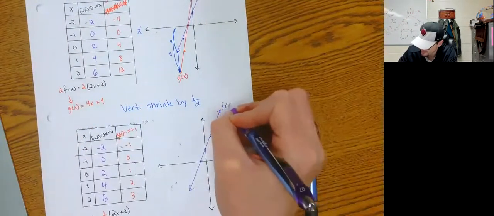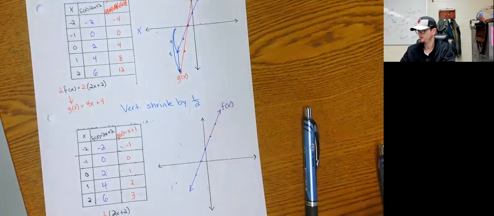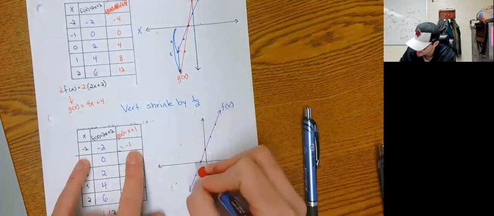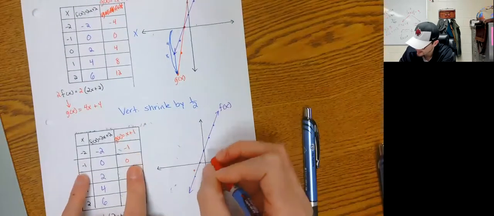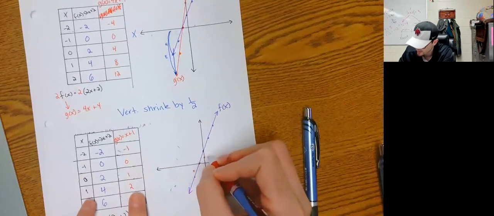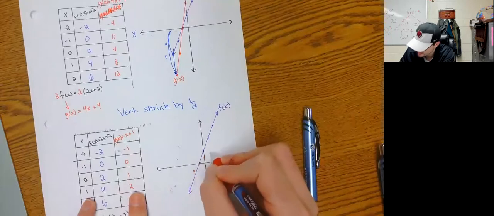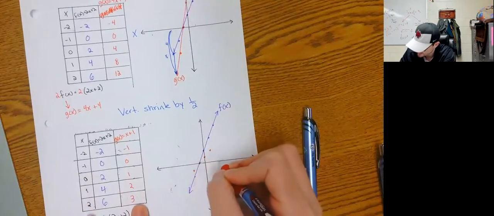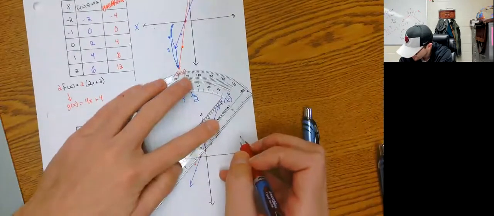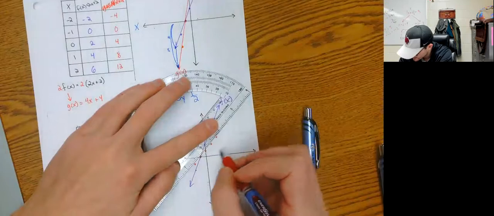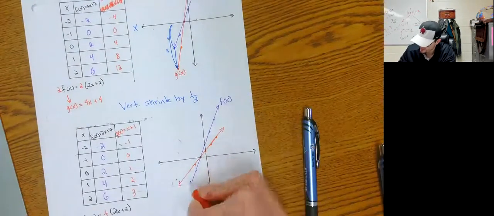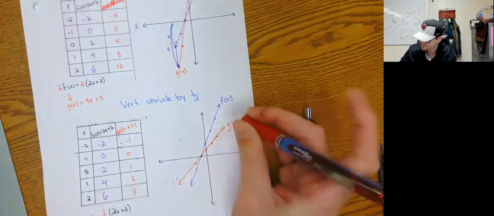All right, f of x. Okay, so we plot these points. We got -2, -1, -1, 0, 0, 1, 1, 2, 2, 3. And that is now g of x.